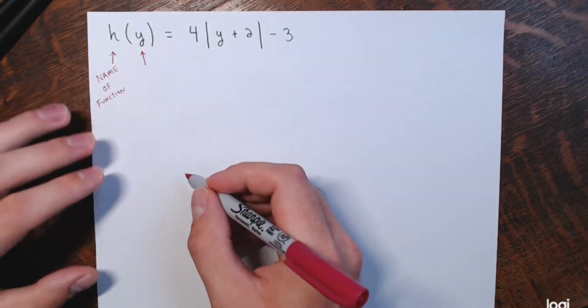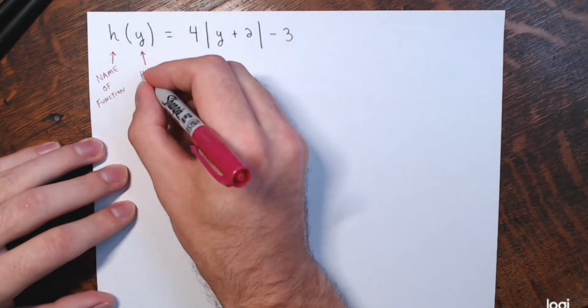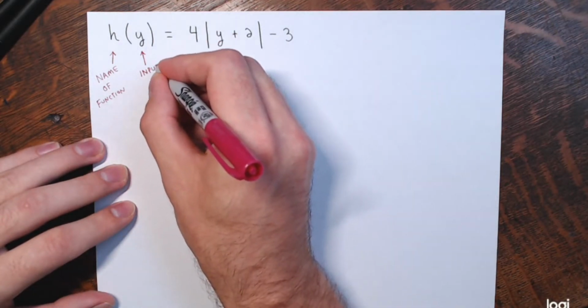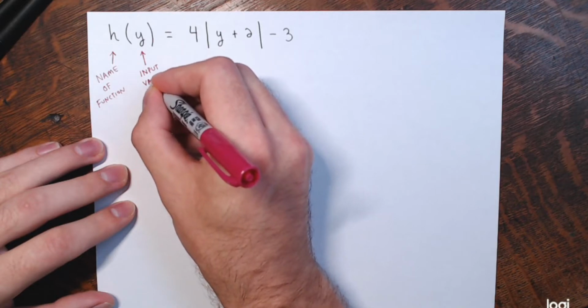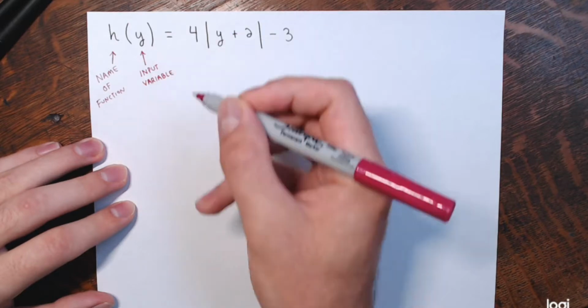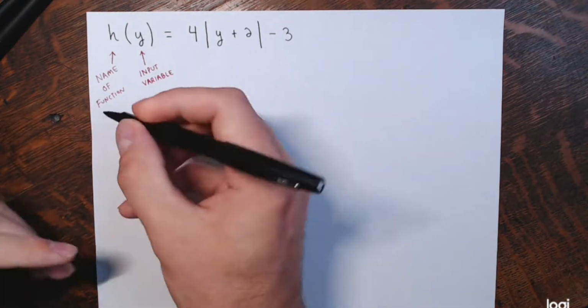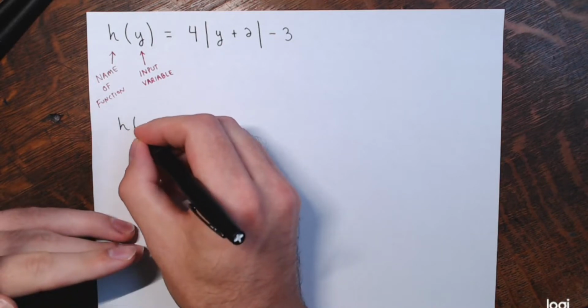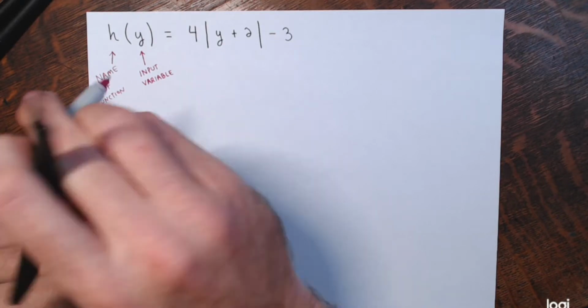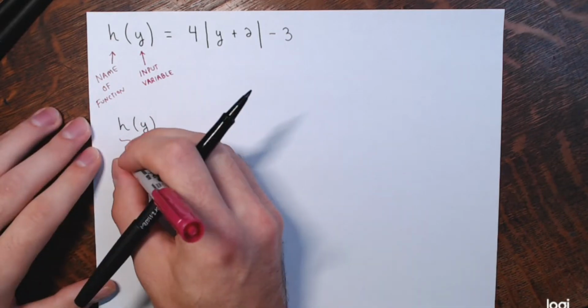Now, we're going to be dealing with functions of a single variable, but this is your input variable. And then the whole thing all of it together, when you see h of y, represents the output.